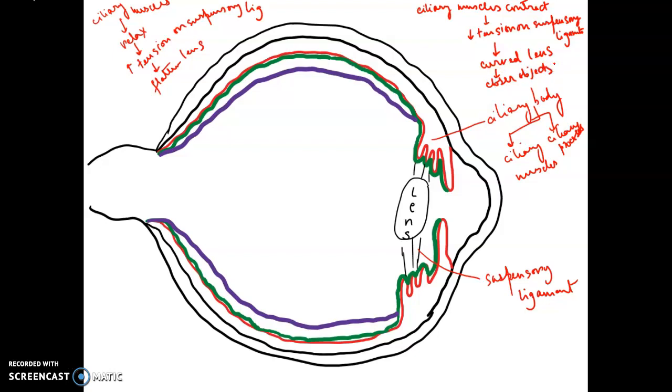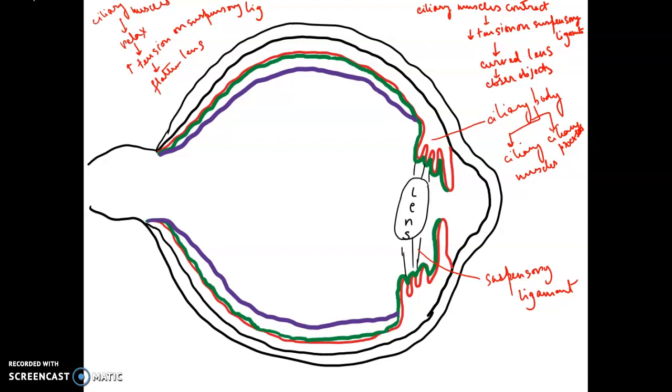Okay, so let's review. When the ciliary muscles contract, the ciliary body moves anteriorly, decreasing the tension on suspensory ligaments, which helps the lens to get more curved. And this is important for looking at close objects. So when we wish to see close objects, the lens must become more spherical to properly refract light rays and focus an image on the retina.